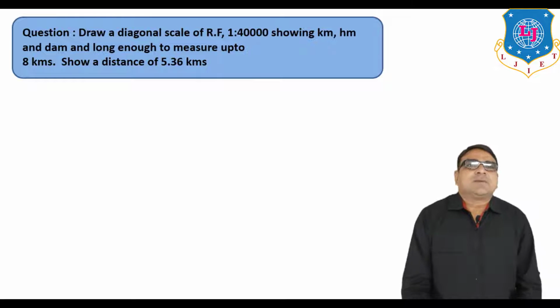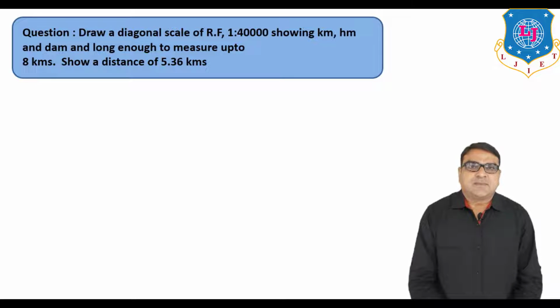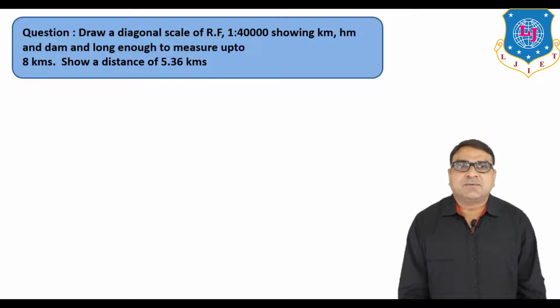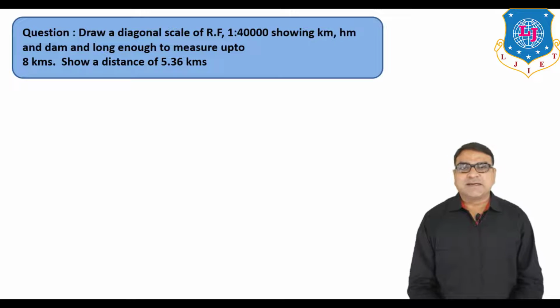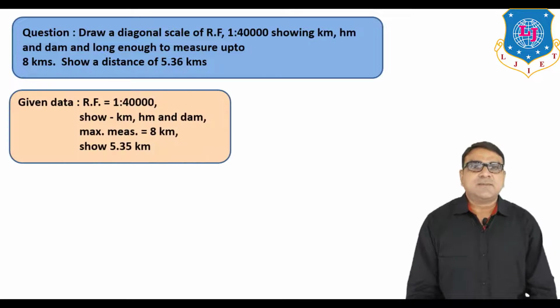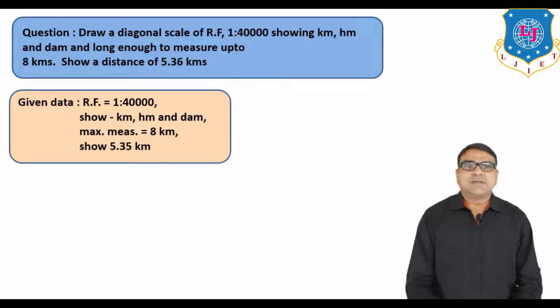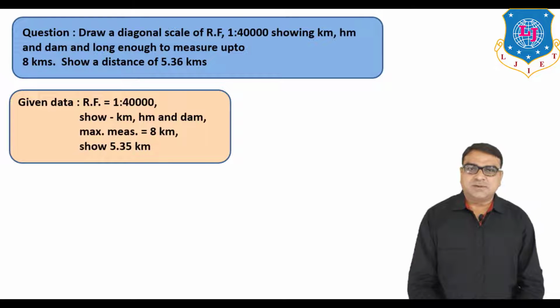Now let us see one example from diagonal scale. Draw a diagonal scale of RF equal to 1 by 40,000, showing kilometer, hectometer and decameter, and long enough to measure up to 8 kilometers. Show a distance of 5.36 kilometers. Given RF is equal to 1 by 40,000, we have to show three consecutive units: kilometer, hectometer and decameter.